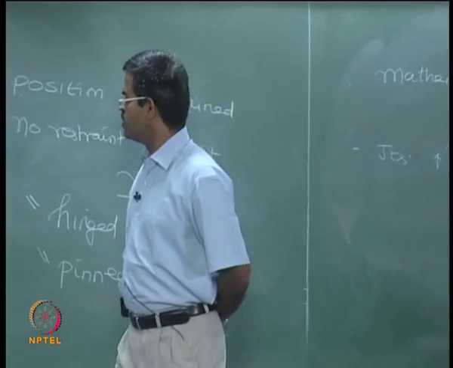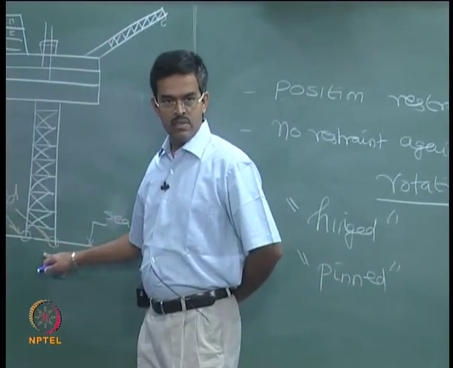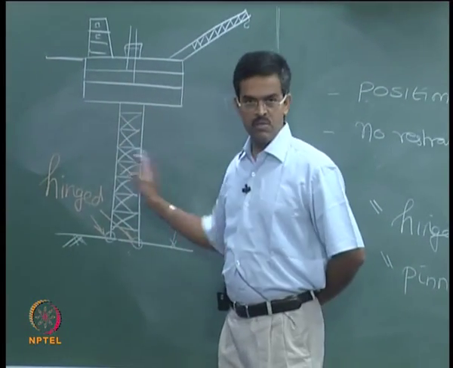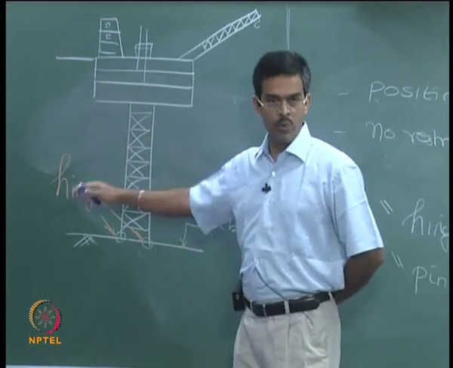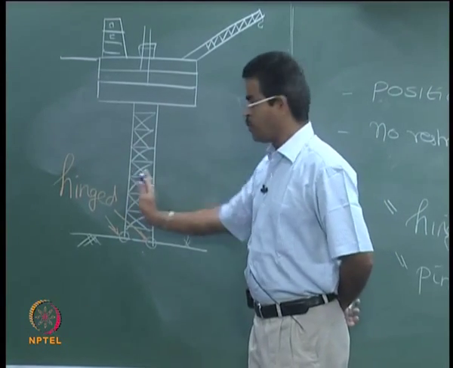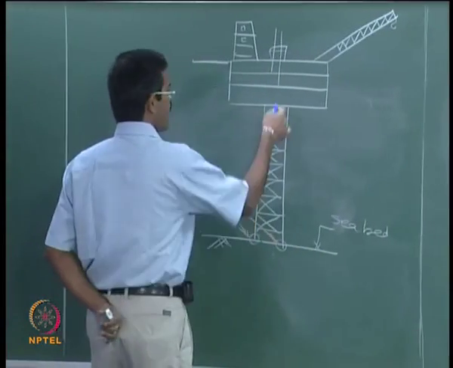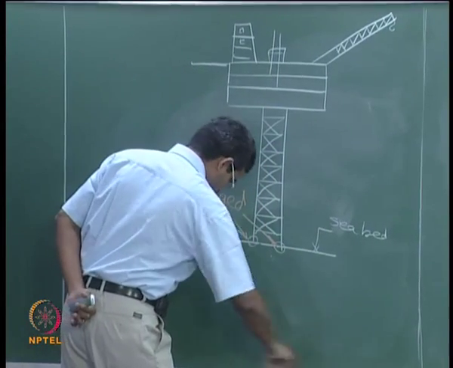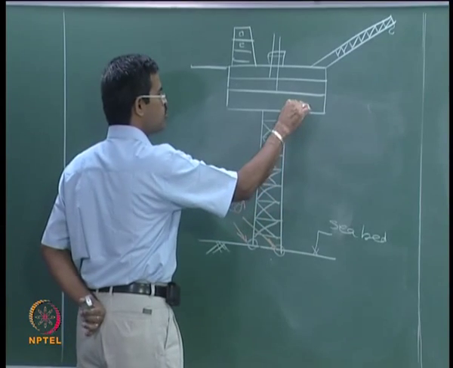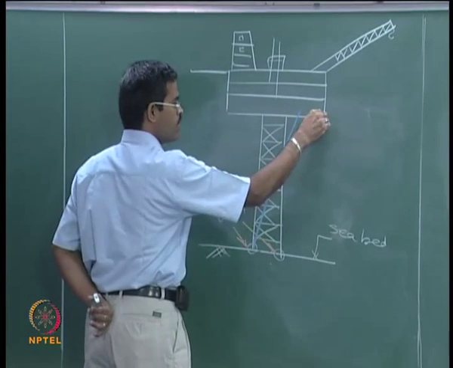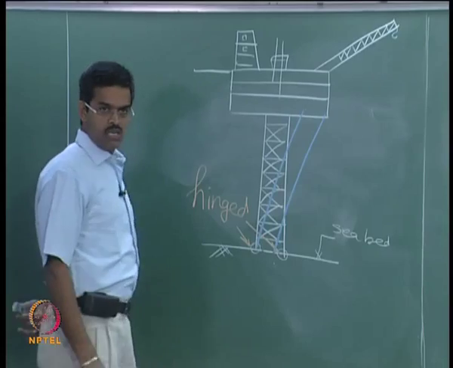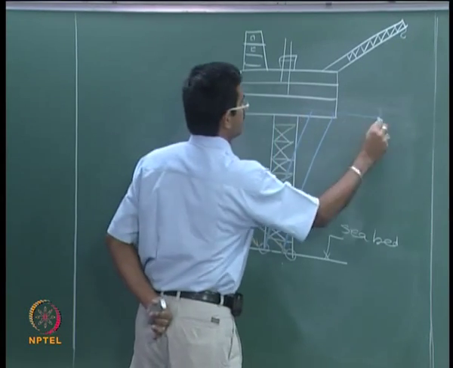So, once I introduce a hinged connection here, the system becomes flexible because it is now moving not in position, but in rotation. So, if you have a tower which moves, let us say, to this position, hypothetically when the wave is acting.